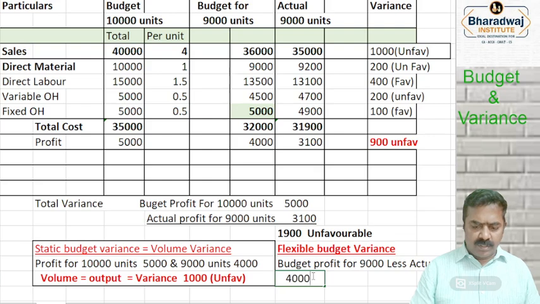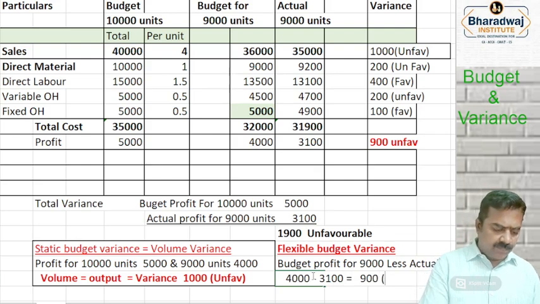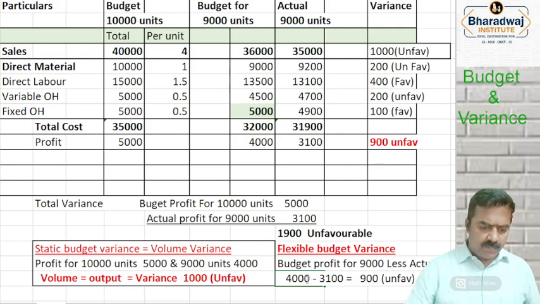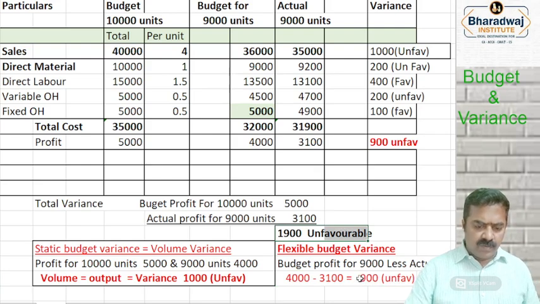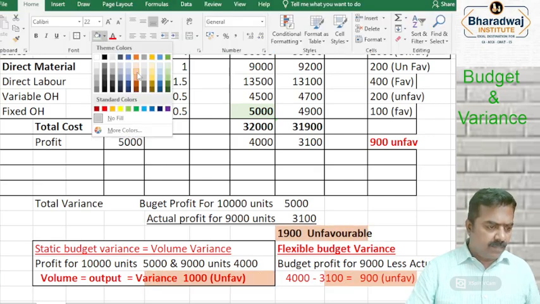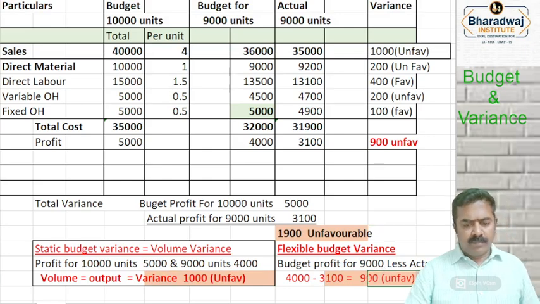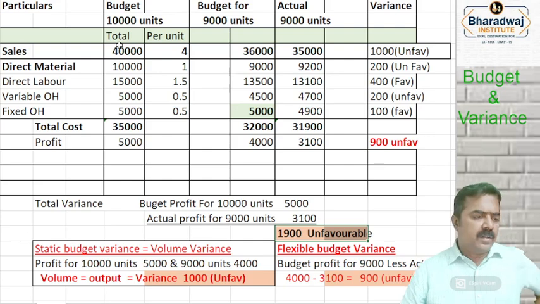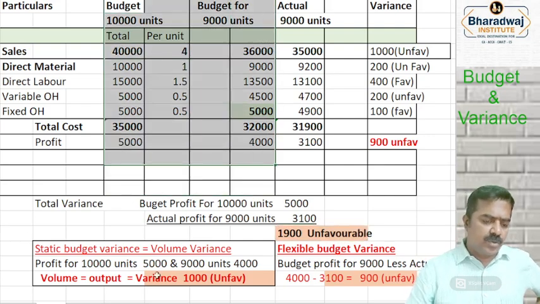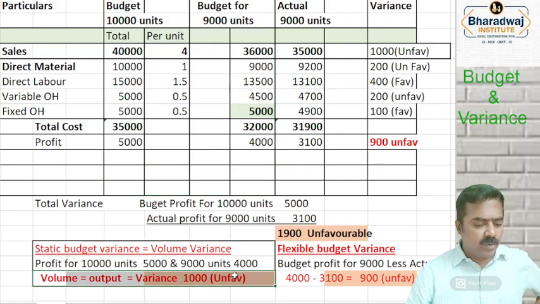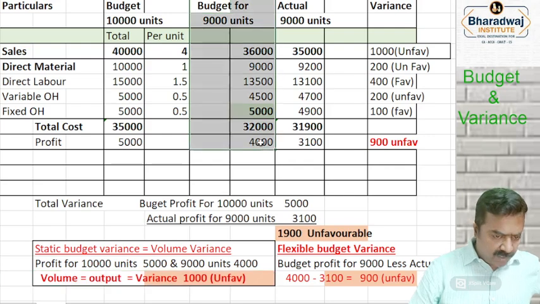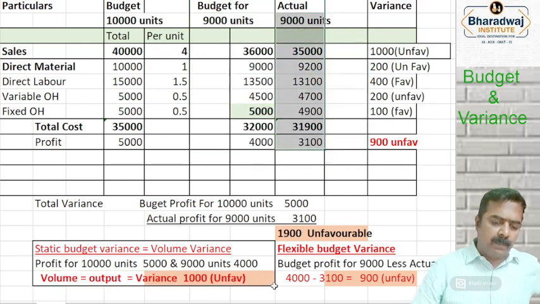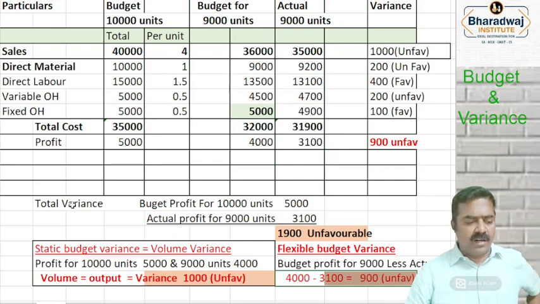That is 4,000 minus 3,100. What is it? 900 unfavorable. That is why this is unfavorable. So we are not able to sell the targeted output. Because of the budget or volume, 1,000 unfavorable, and for the 9,000 itself, actual results are compared. Flexible budget wise, there is a variance of 900. That's why the total variance comes.